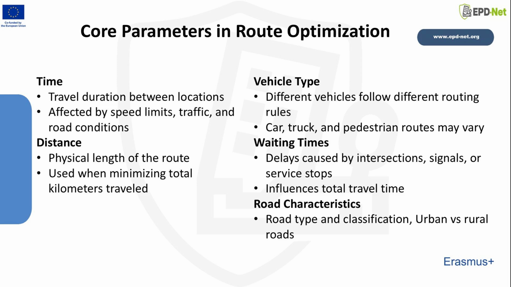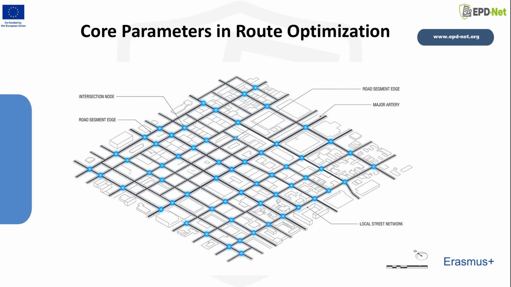Vehicle type also plays a critical role in routing decisions. Different vehicles, such as cars, trucks, or pedestrians, may follow different routing rules due to legal restrictions, road accessibility, or safety considerations. As a result, the same route may not be suitable for all vehicle types. Waiting times represent delays that occur during travel, such as time spent at intersections, traffic signals, or service locations.